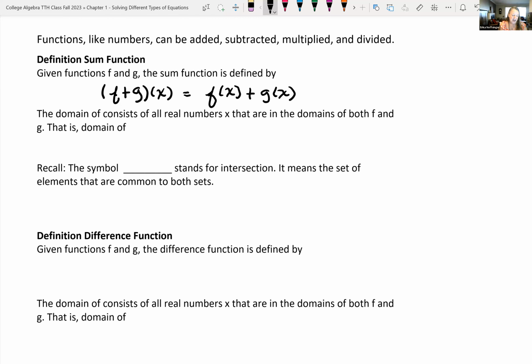So if I'm looking at the domain of summing f of x plus g of x, the domain consists of all real numbers x that are in the domain of both f and g. That is, we're going to look at the domain of f of x intersection the domain of g of x.